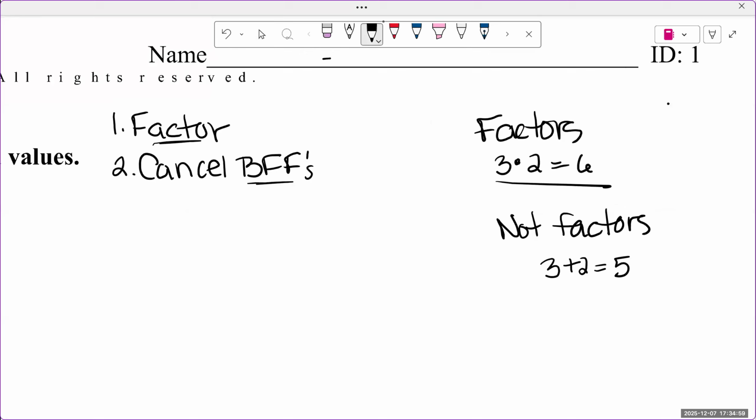So, 3 and 2 are factors of 6 because 3 times 2 is 6. It does not count if you are adding. 3 and 2 are not factors of 5. Okay? If you're adding numbers to get a third number, those are not factors.